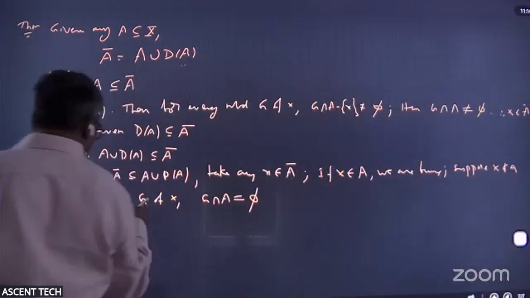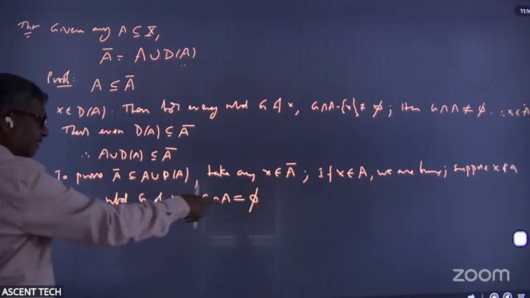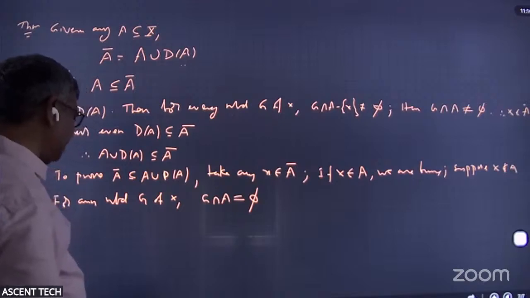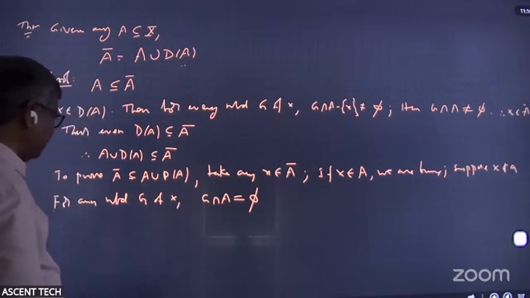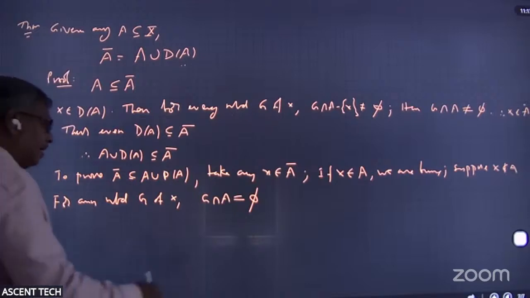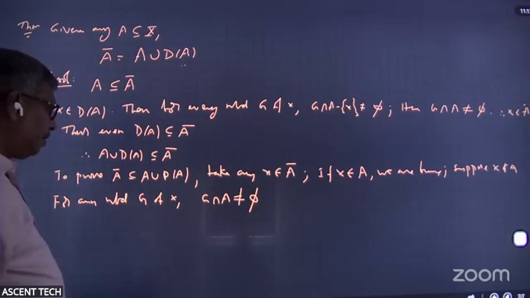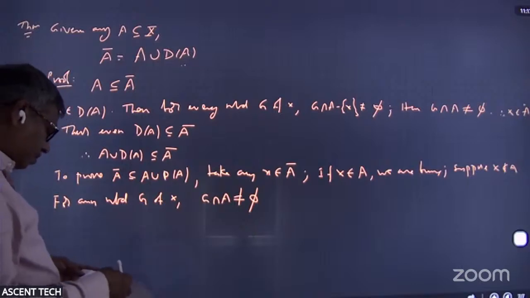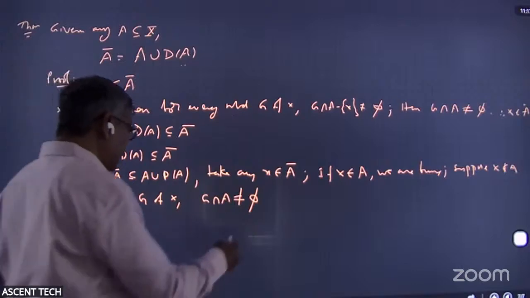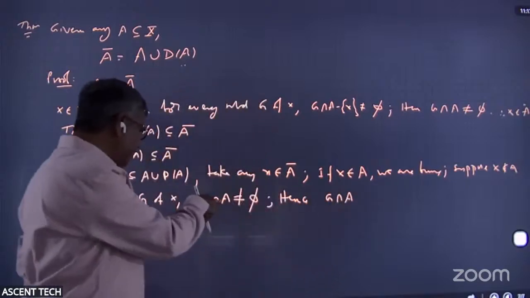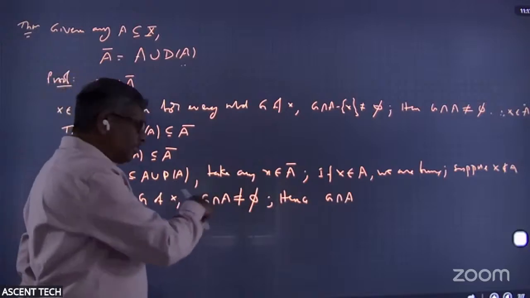Anyway, X is in the closure, therefore every neighborhood G of X has G intersection A non-empty. But X is anyway not in A, so X is not in the intersection.